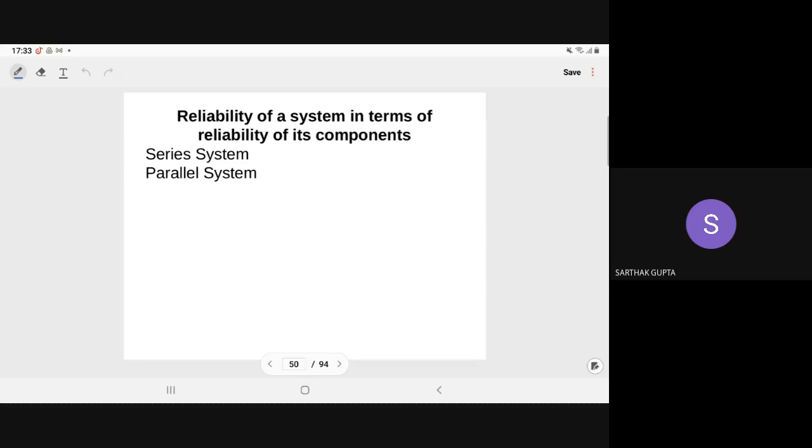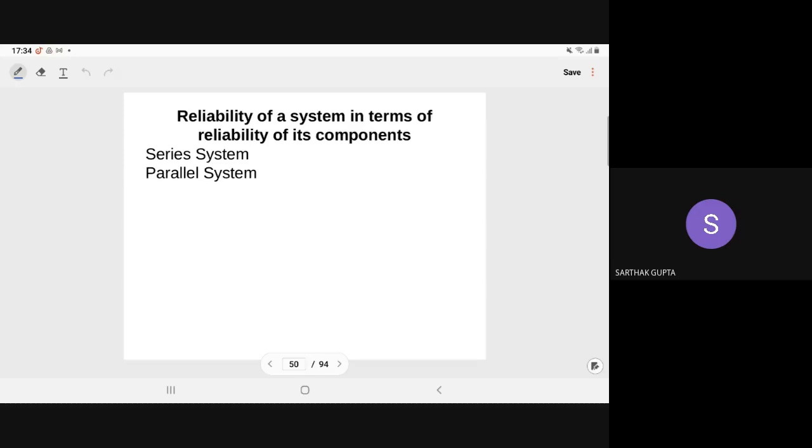So the reliability of the system in terms of the reliability of its components: if in the system we have n components, how we should arrange them so that we can get the maximum reliability. For that we have two types of arrangement. We have more arrangements, but the most basic arrangements are series and parallel.